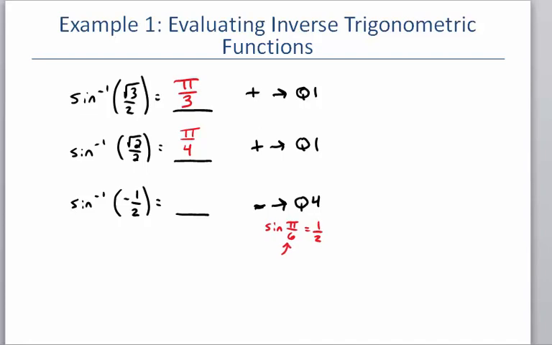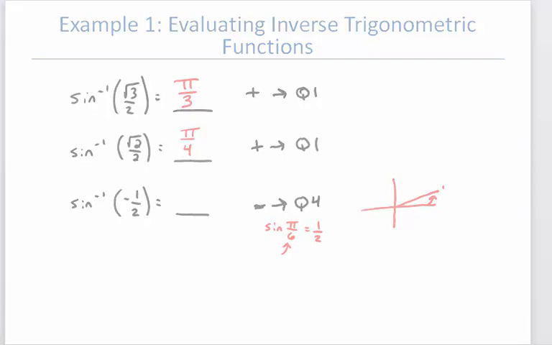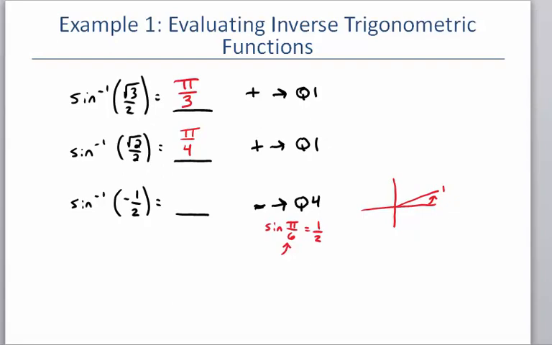Okay, I need to take that angle and now move it into the fourth quadrant. So the easiest way to move that angle into the fourth quadrant, keep in mind pi over 6 is here. That's a positive pi over 6. So if we need that angle to be in quadrant 4, we're simply going to rotate down instead of up.